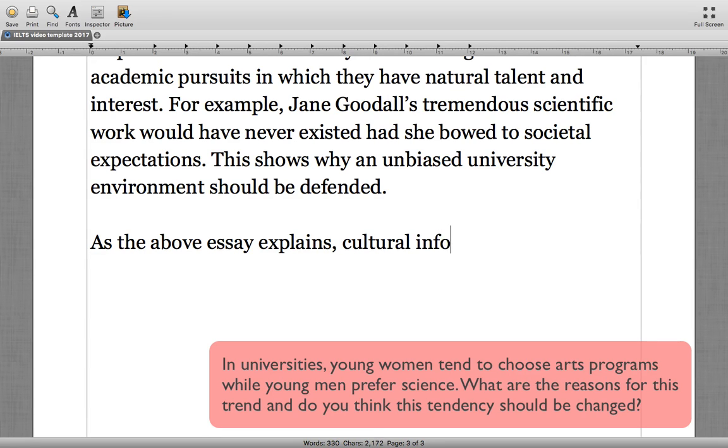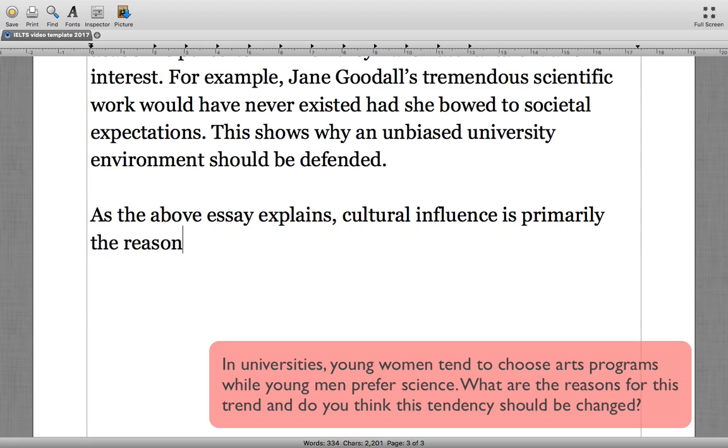cultural influence is primarily the reason behind gender imbalances in academia. Actually, let's keep it very specific to the question.